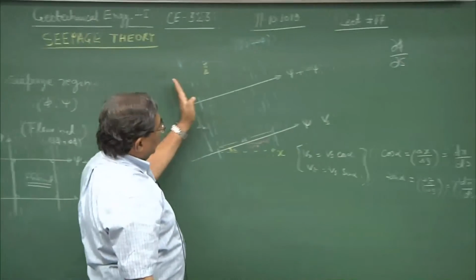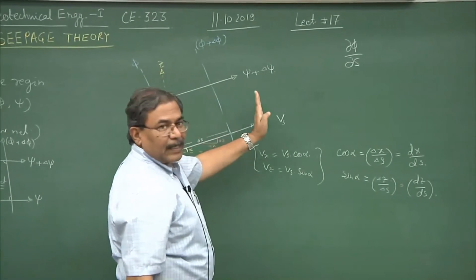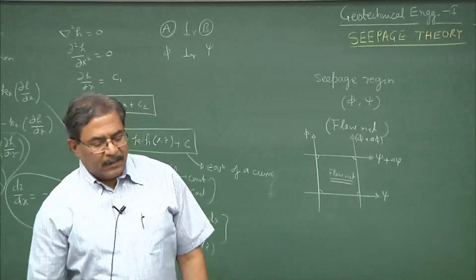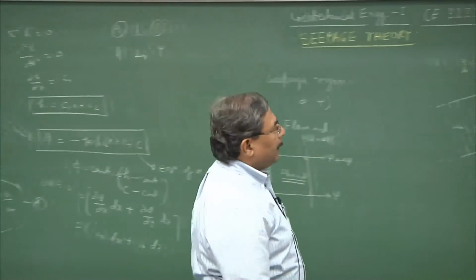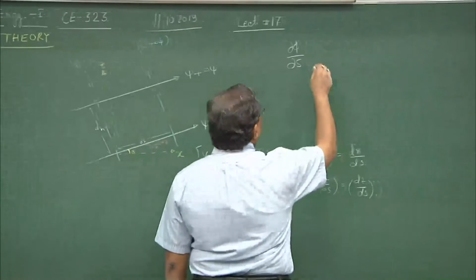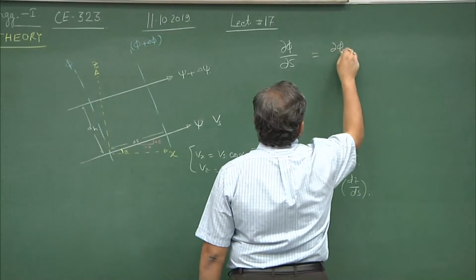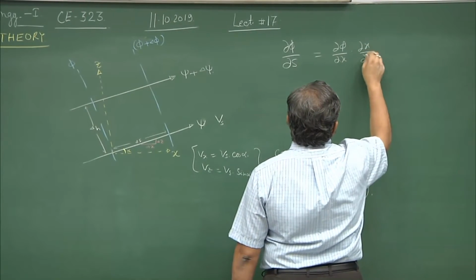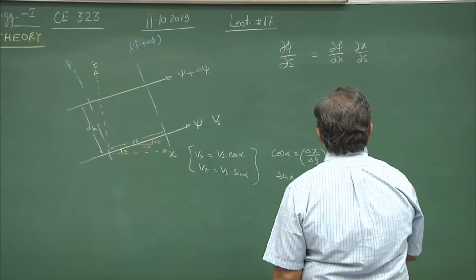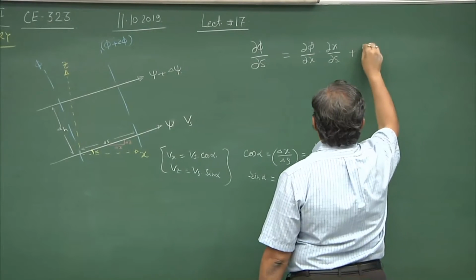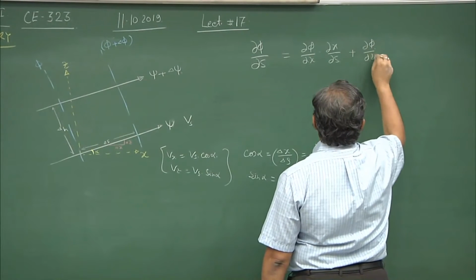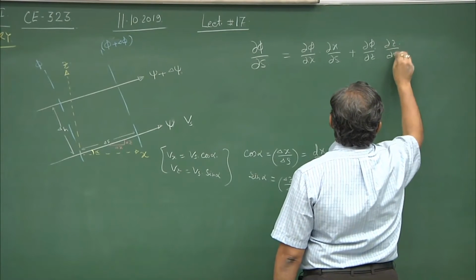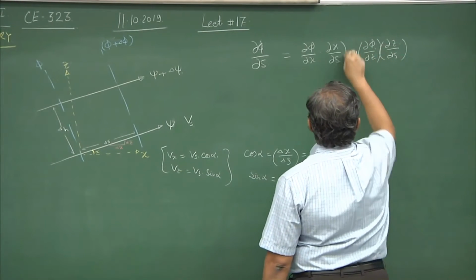So, how phi is changing along the direction of the flow is what is depicted as del phi by del s. So, this will be equal to del phi by del x into del x upon del s plus del phi by del z into del z upon del s.